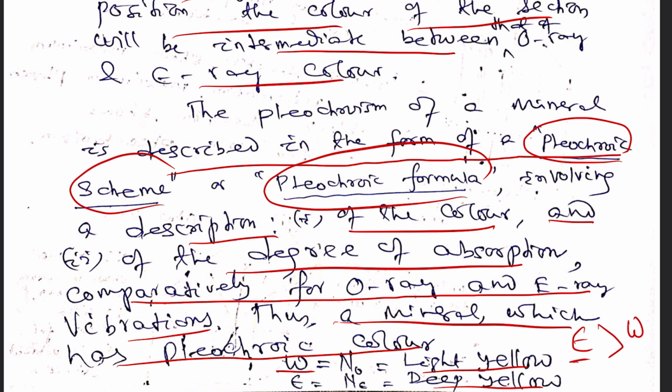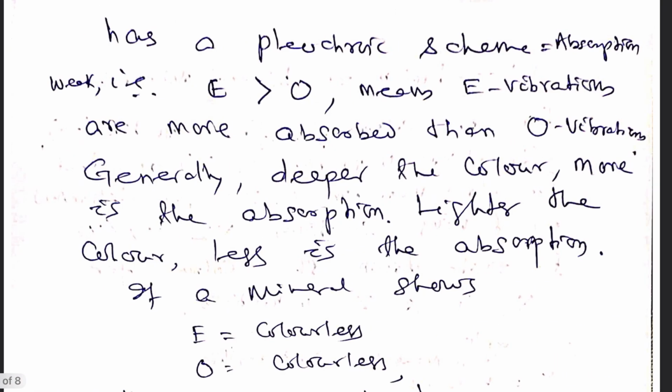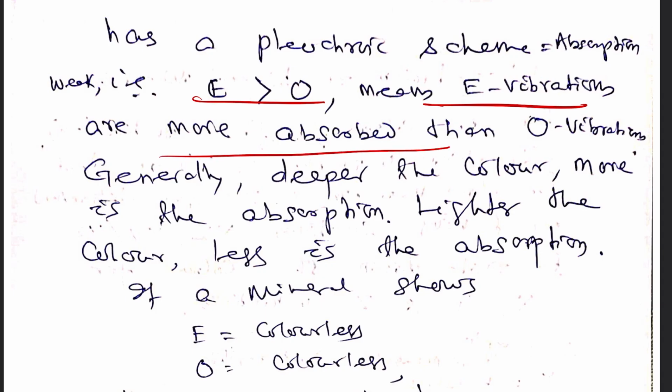That means E rays are more absorbed than O rays, because of which the E rays present a dark color, whereas omega presents a light color. So the pleochroic scheme will be epsilon greater than omega. This means E vibrations are more absorbed than O ray vibrations, and here the absorption scheme is weak.